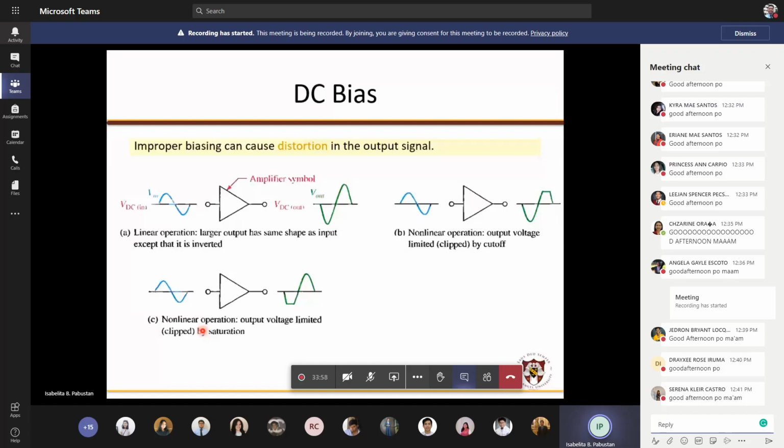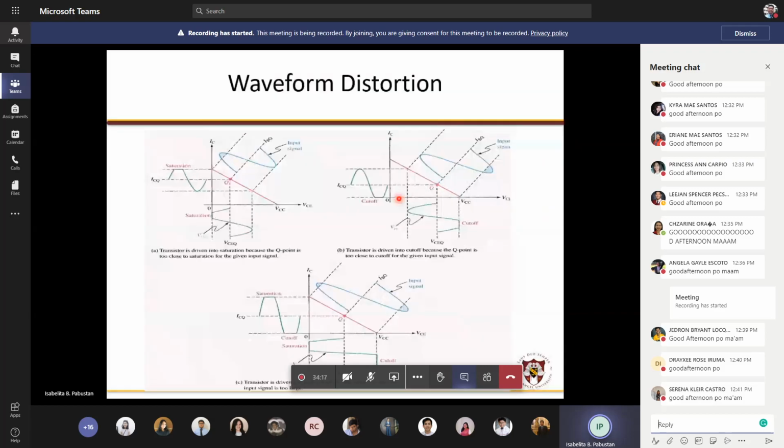Again, for this naman, this is your Q point. And then you will notice that the Q point that we chose is very near the cutoff. So, ang punto lang dito is do not use a Q point which is near the cutoff. Do not choose a Q point which is near the saturation. Otherwise, your transistor, your amplifier will be exhibiting nonlinear operation.